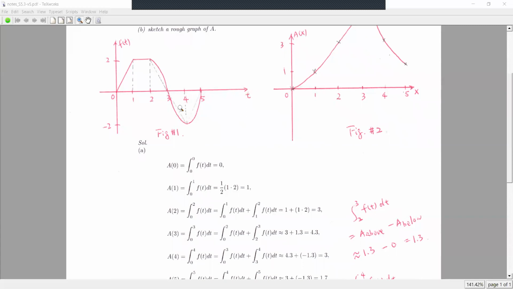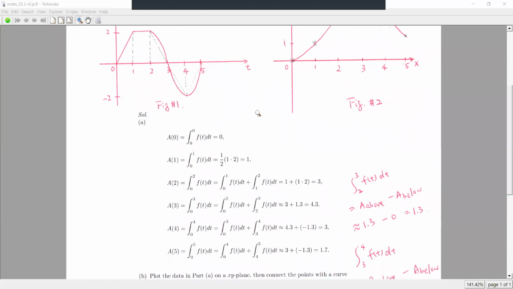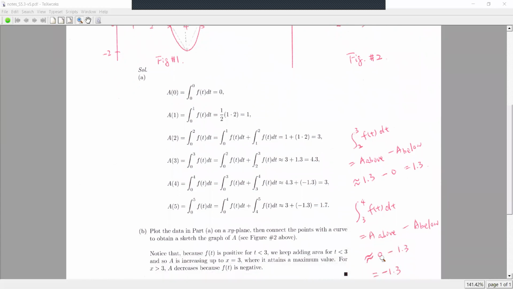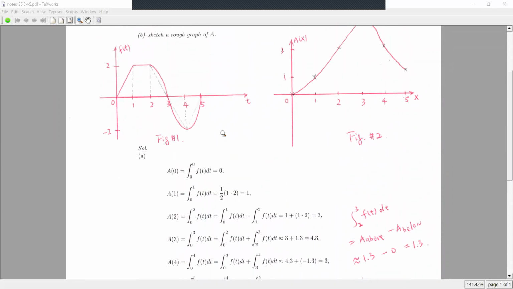So the area above the t-axis is 0. Now let me guess the area below the t-axis, which is the area of this region.